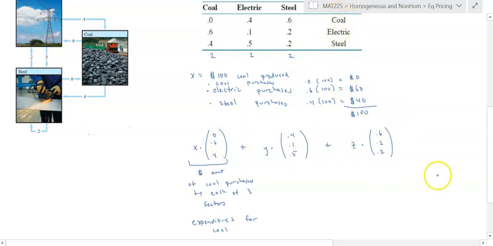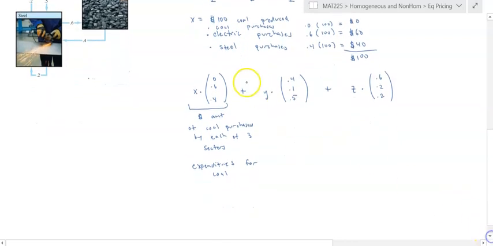And so if you want to write it out as a system of equations, we have 0x plus 0.4y plus 0.6z, we don't have an equation, I should say expression, then 0.6x plus 0.1y plus 0.2z.